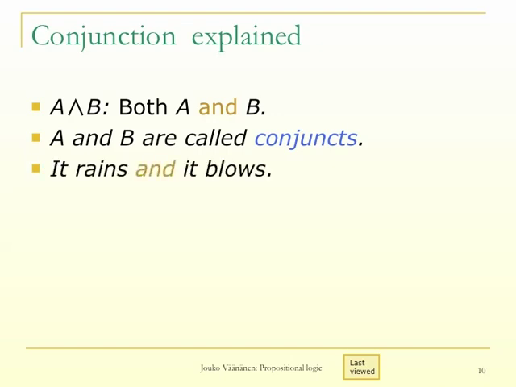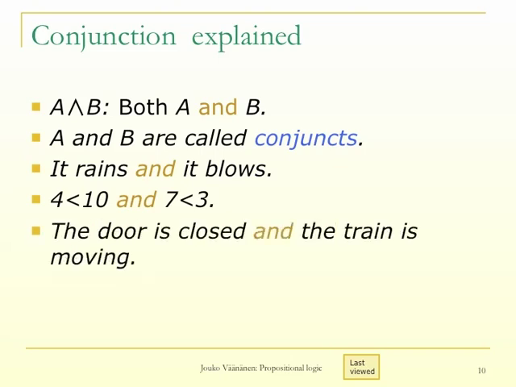It rains and it blows. 4 less than 10 and 7 less than 3. The door is closed and the train is moving. Conjunction is the easiest of our logical operations. It is really unproblematic, and we quickly move to disjunction, which provides formidable challenges.